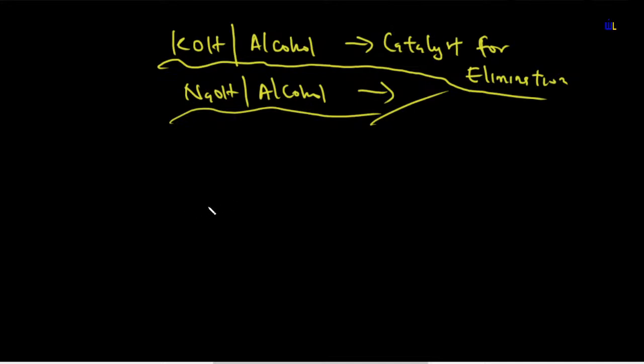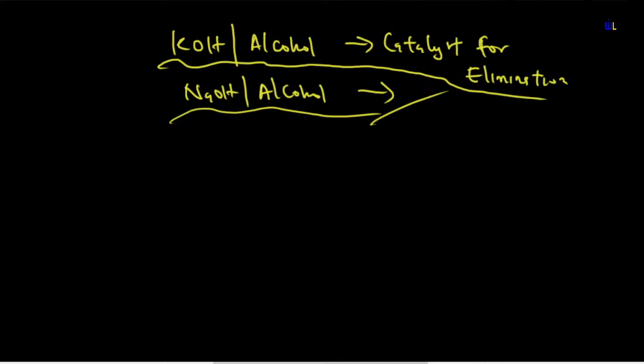Okay, so let's consider elimination reaction. Now, there is a principle that controls every elimination reaction that occurs, and that principle was stated by Zaitsev. That is what we refer to as Zaitsev's rule. I'm going to put it out on the screen so that you can see that.